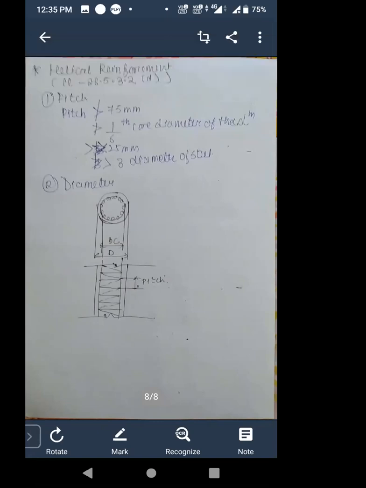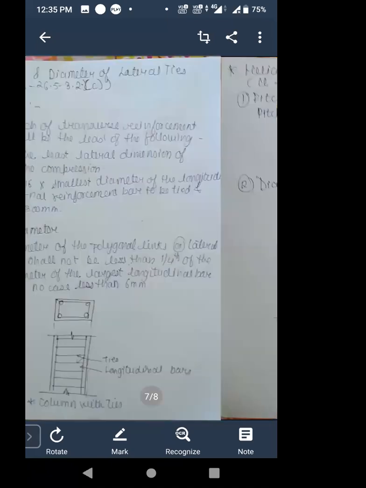And for the diameter, go with the diameter of your longitudinal bar; it should not be less than 1/4 of the diameter of your largest longitudinal bar, same as the lateral ties. Helical reinforcement is mainly provided for circular columns.